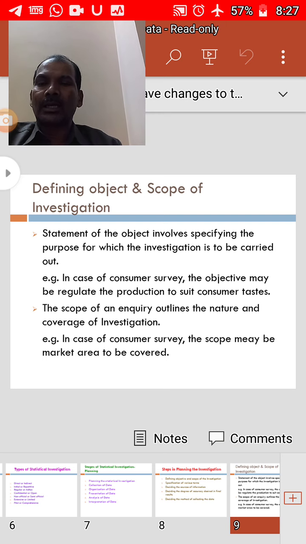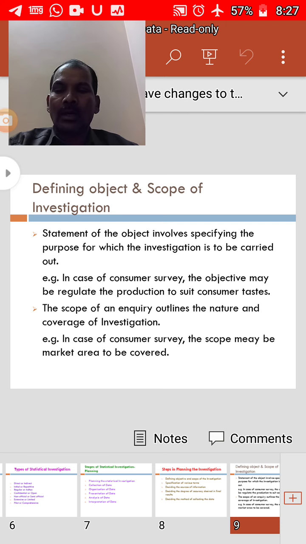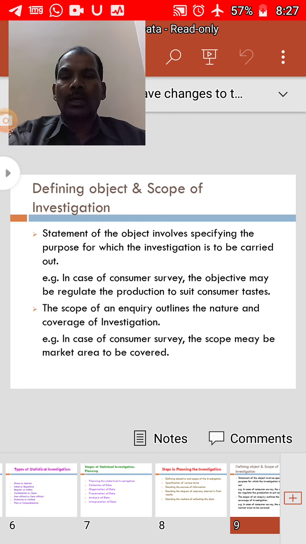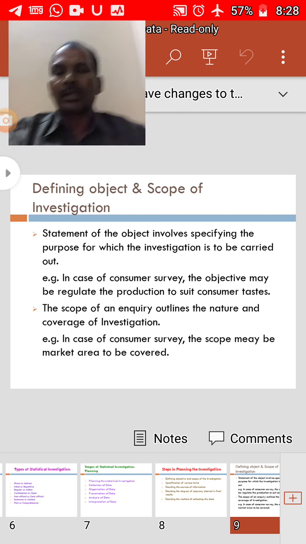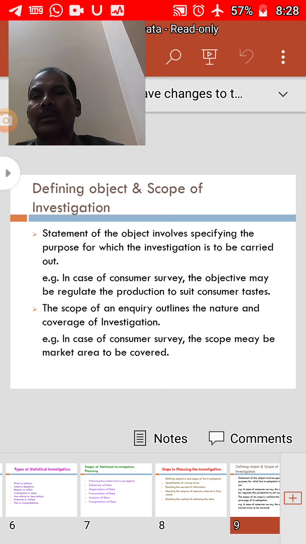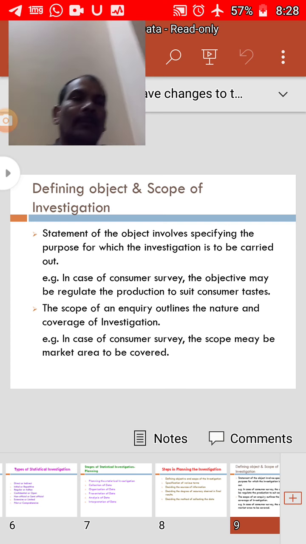This includes the determination of the type of information needed, number of respondents to be approached, geographical area to be covered, etc. To achieve this objective, his scope of investigation may be determined: the market area to be covered, present and prospective consumers to be approached, number of consumers to be included in the study, etc. To the extent possible, consumer opinion about the product and also data relating to the availability of substitutes and complementaries should be collected.